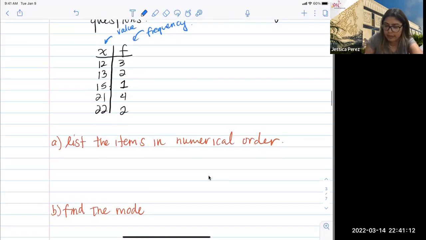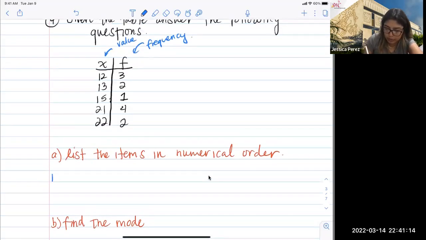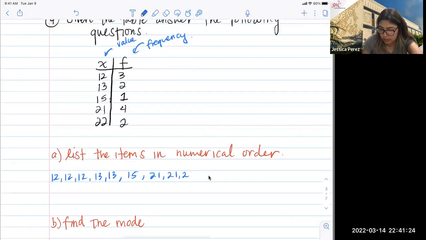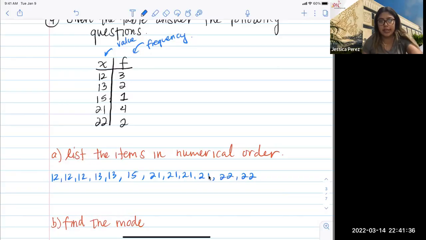Okay, so then I have how many 12s? I have 3 12s. I have 2 13s. I have 1 15. I have 4 21s. I have 2 22s. And this is all you have to do in numerical order. That's it. That is part 1.